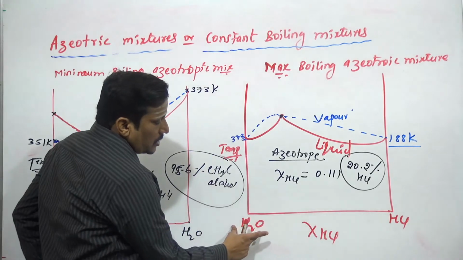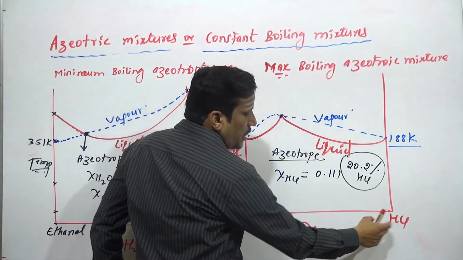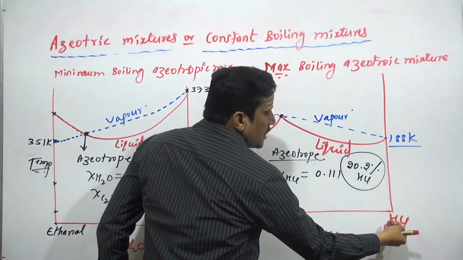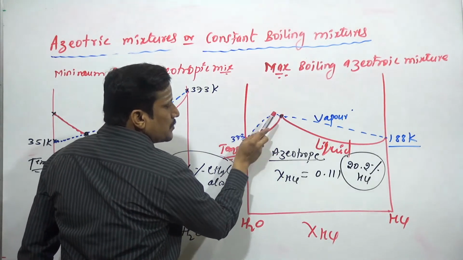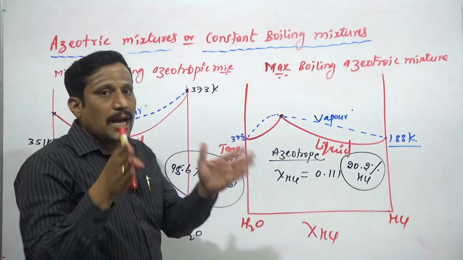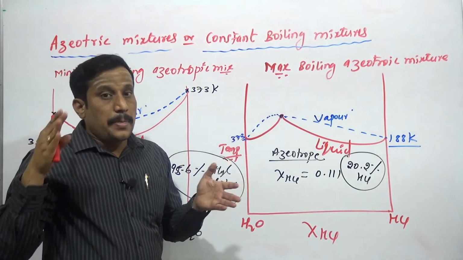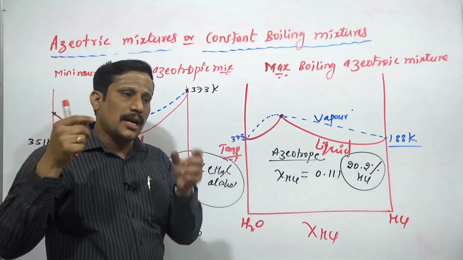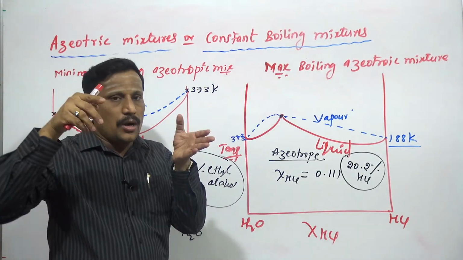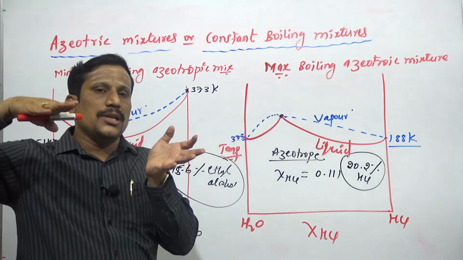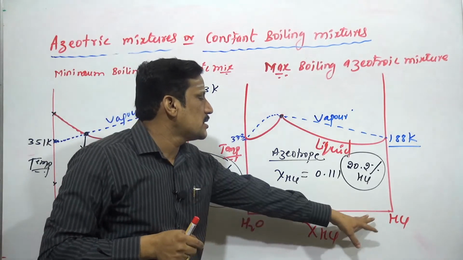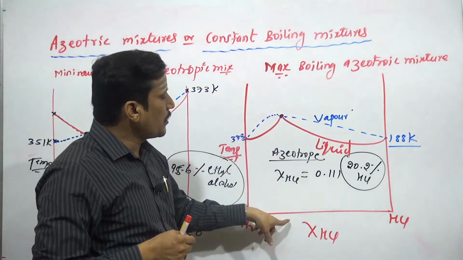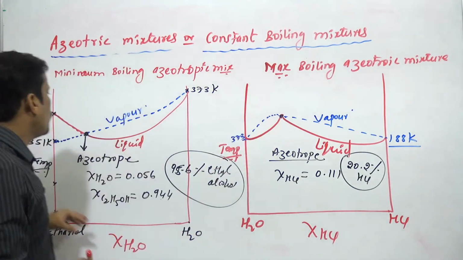The mole fraction of water is decreasing from left to right, and the mole fraction of HCl is decreasing from right to left. But at this particular temperature, both have the same composition. That is an azeotropic mixture. Whatever the composition of H2O and HCl, its mole fraction is the same. That is what I wanted to show.